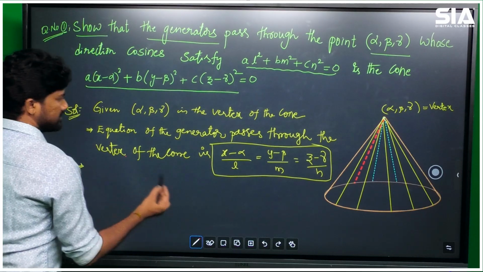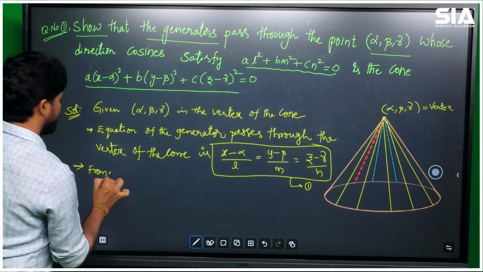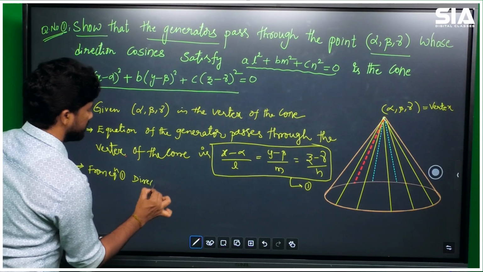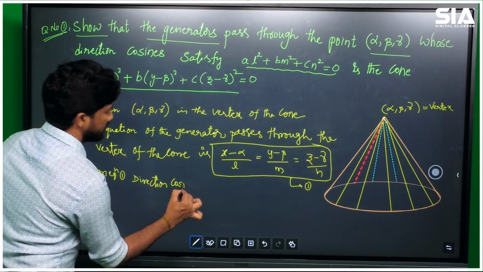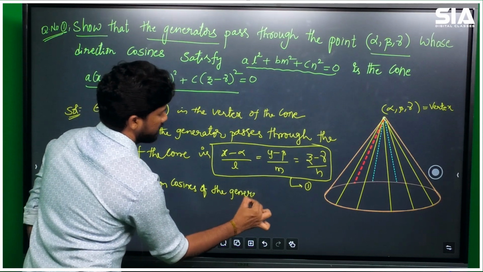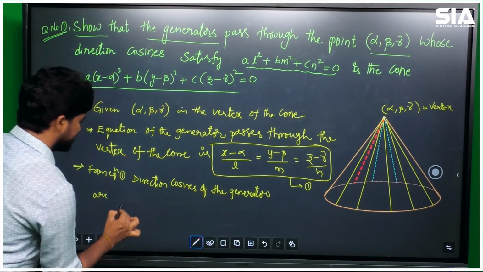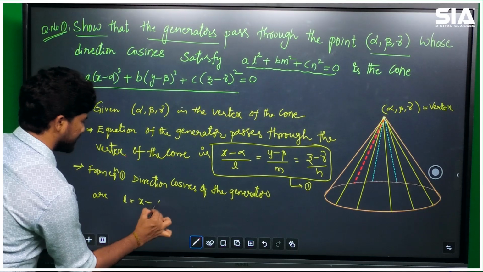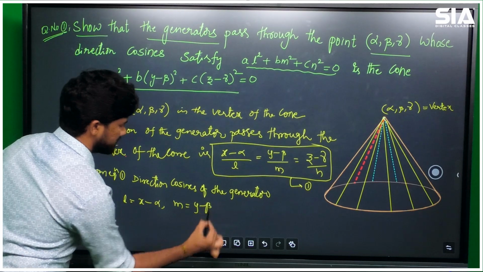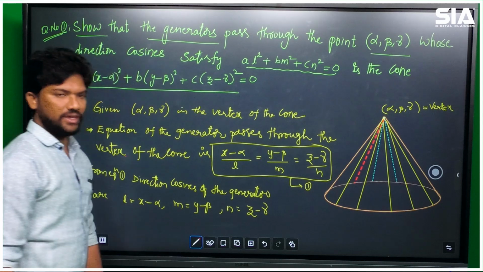So from equation number 1, the direction cosines of the generator we can write as l is equal to x minus alpha, m is equal to y minus beta, and n is equal to z minus gamma.